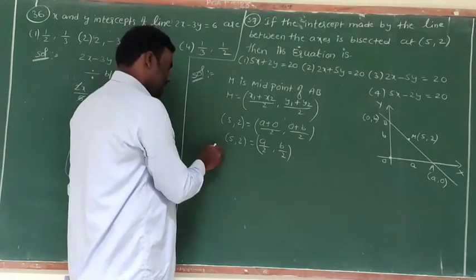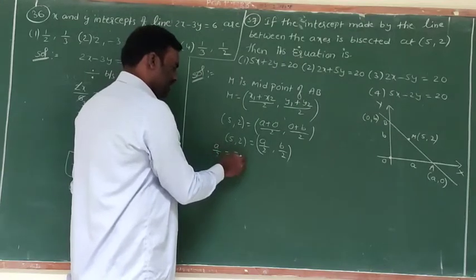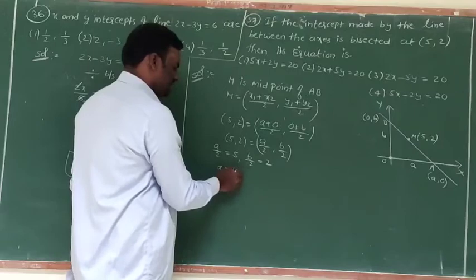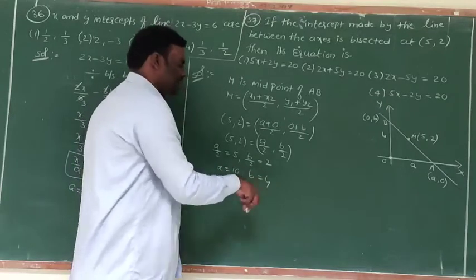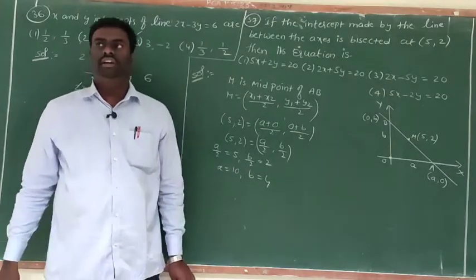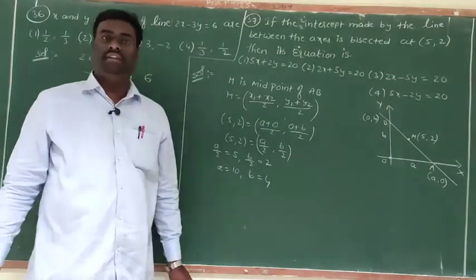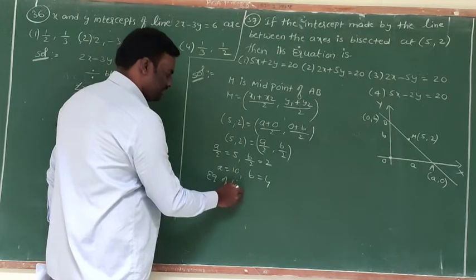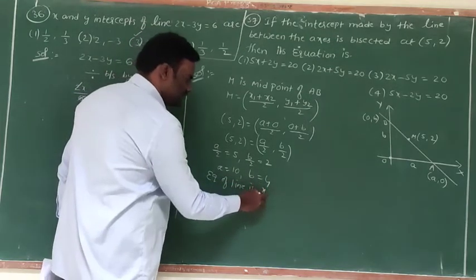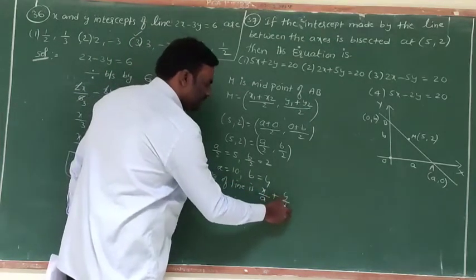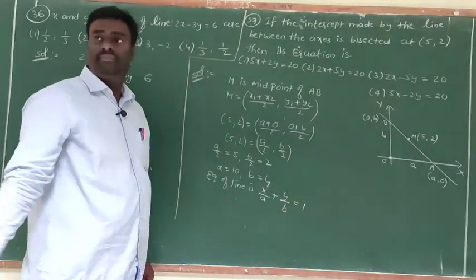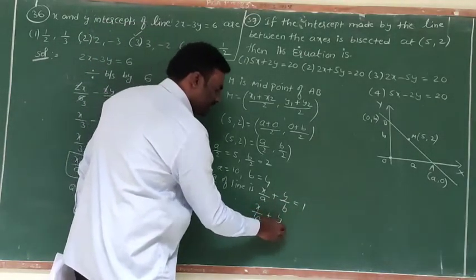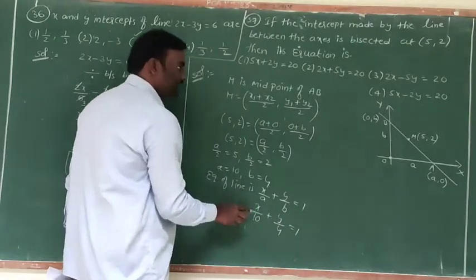Now you get a by 2 equals 5, b by 2 equals 2, so a is 10, b is 4. Finally, we got the a value and b value. Then the equation of the line is x by a plus y by b equals 1. Now substitute: x by 10 plus y by 4 equals 1.